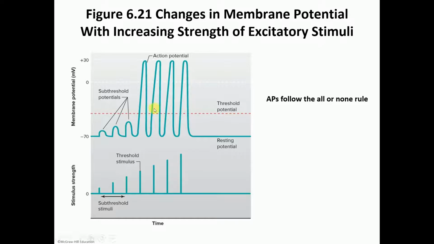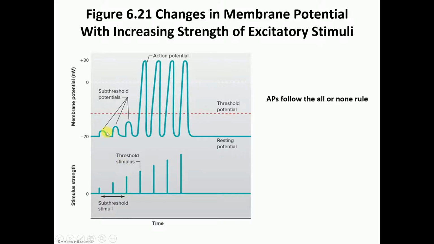So how is it that our bodies have the ability to differentiate between different stimuli, the strength of the stimulus? The strength of our stimuli does not depend on the levels of these graphs or these curves. It depends on the frequency of the action potential. Your graded potentials depend on the strength of the stimuli.